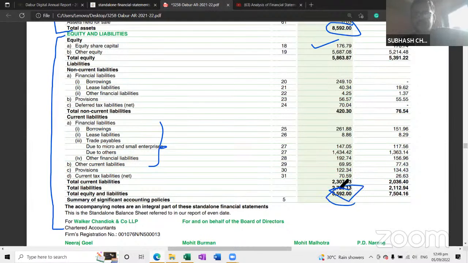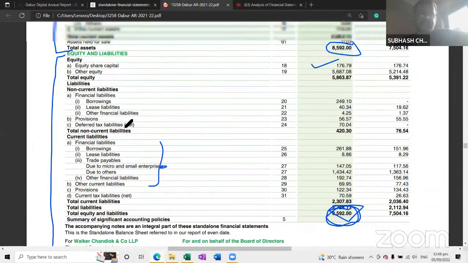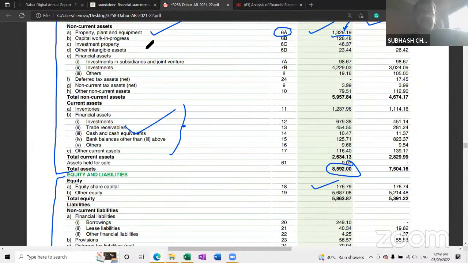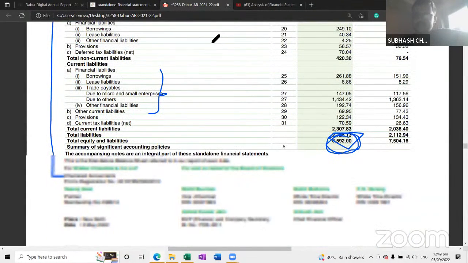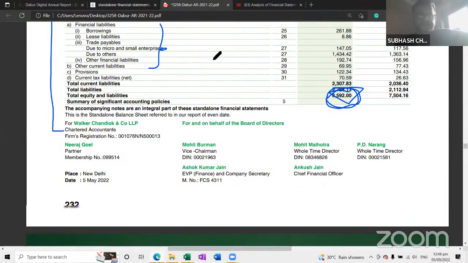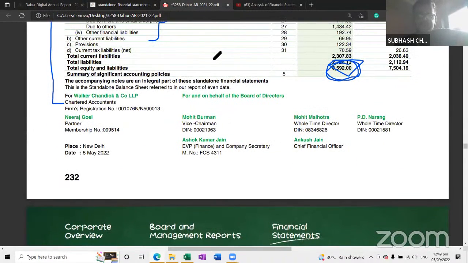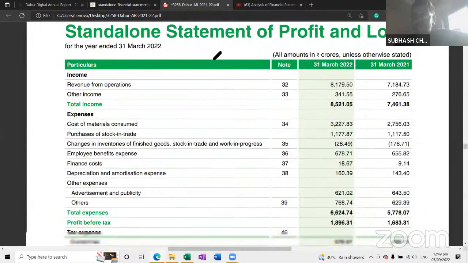This is a simple balance sheet, nothing else. What is our objective? Our objective is to understand where we will get data from. Current assets you will get from here, liabilities from below, then equity, assets, liabilities, proprietary fund, capital employed, returns, dividend, number of outstanding shares, everything we will get from this only. So this was your balance sheet.